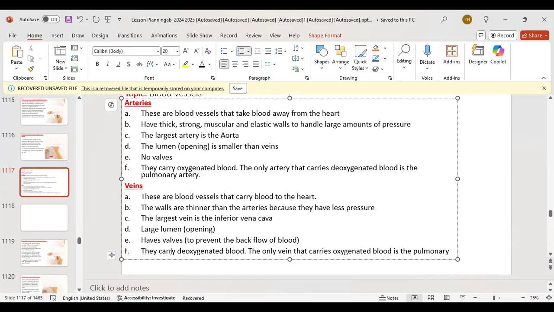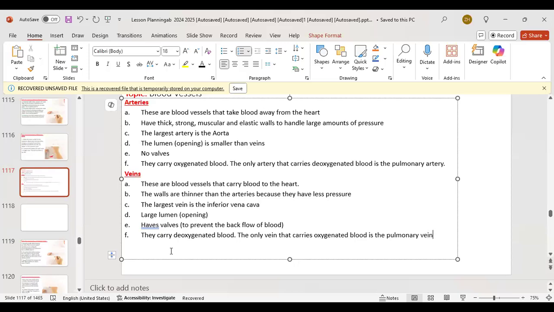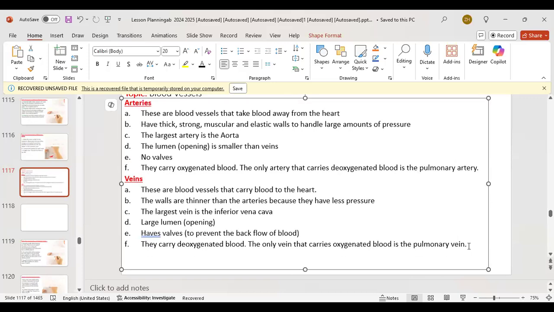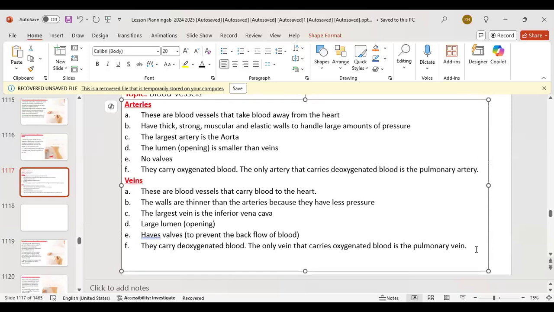Pulmonary what? The pulmonary vein. That's the only one that carries oxygenated blood, the pulmonary vein. Okay. Good.